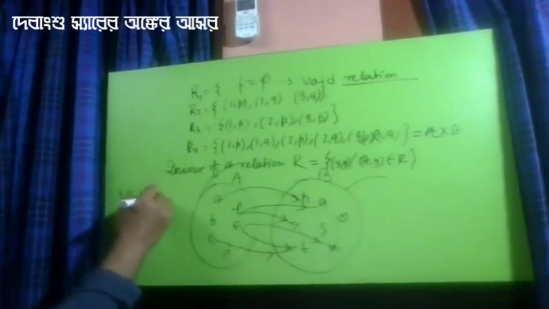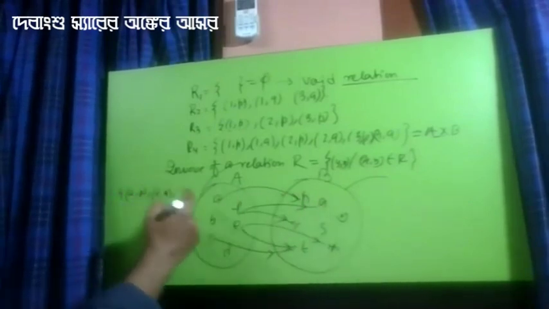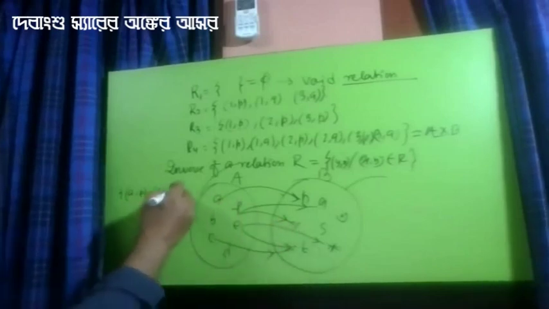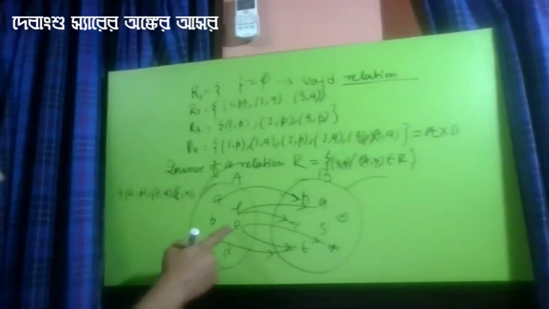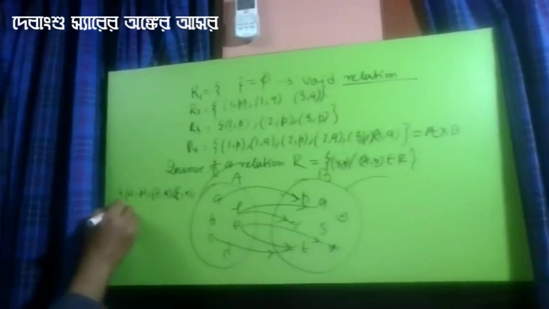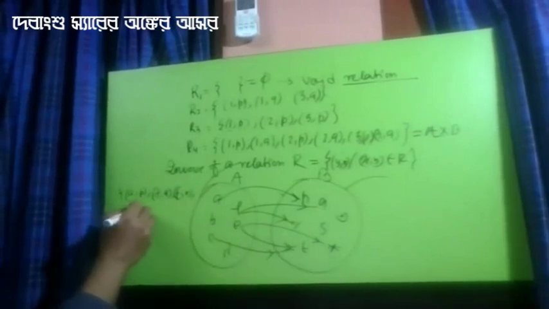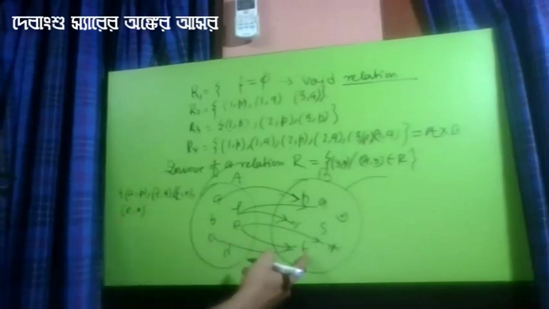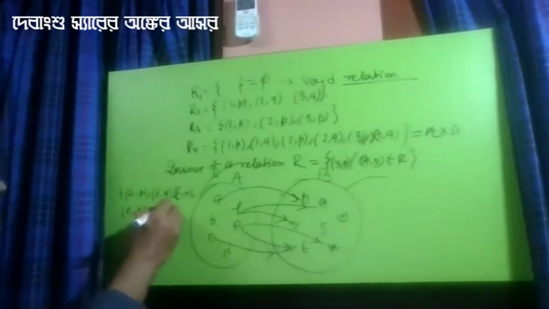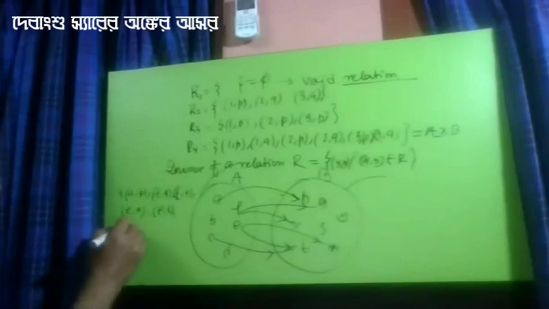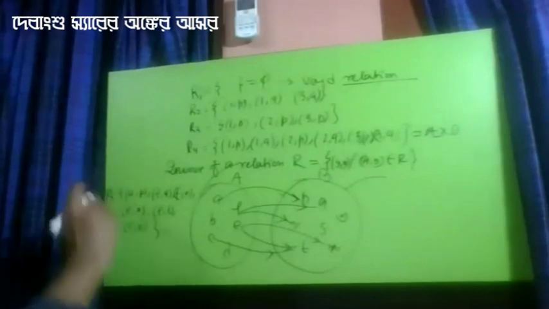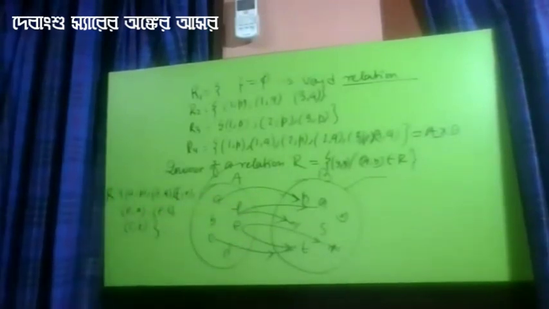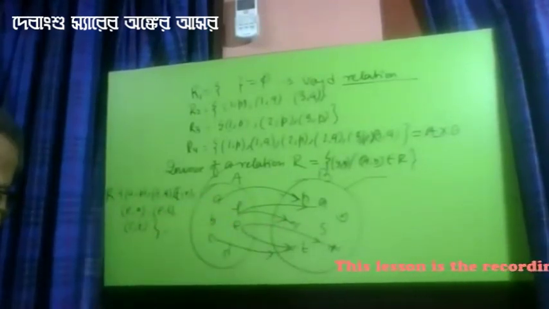F hits Q, so FQ will be an element. F again hits R, so FR will be an element. Then E hits star, so E star will be an element. E again hits T, so ET will be an element, and CT as well. This will be the relation represented by this arrow diagram.